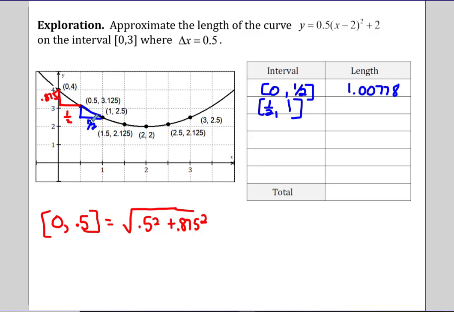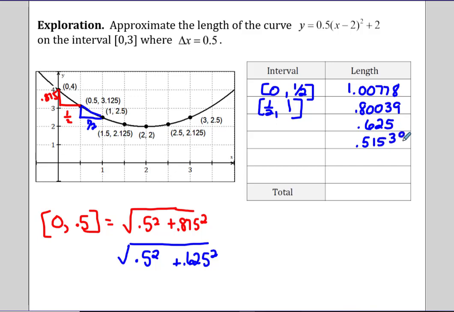The leg is still going to be a half, and then we're going to subtract 2.5 from 3.125, so that length is going to be the square root of 1/2 squared plus 0.625 squared, and that calculates to 0.80039. Continuing on in this format, we're going to end up with 0.625, 0.51539.